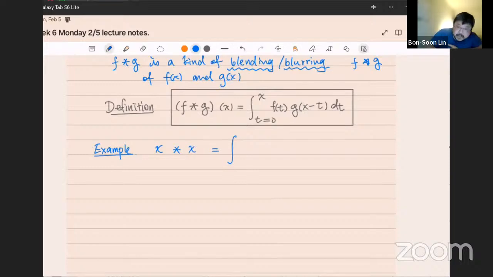It's the integral from t equal to 0 to x. My first function is f of x, and the second function is g of x. So first we need f of t. F of t is just t, because f of x is x. Times g of x minus t. Well, g of x is x, so g of x minus t is just x minus t, dt.